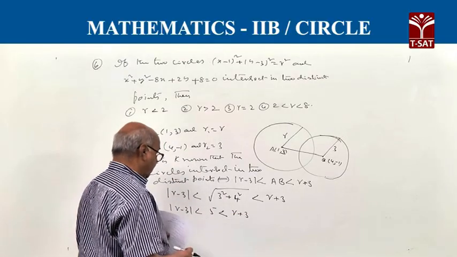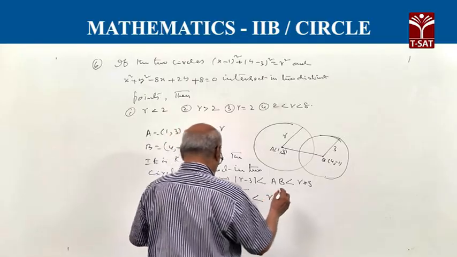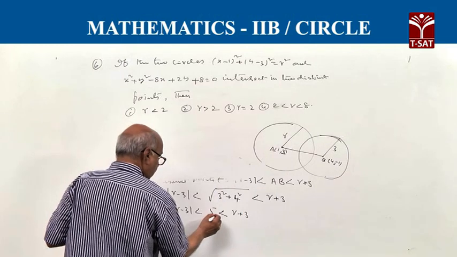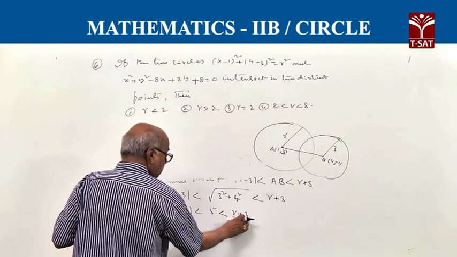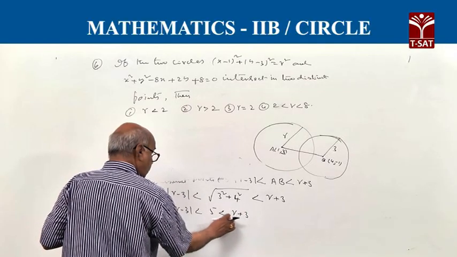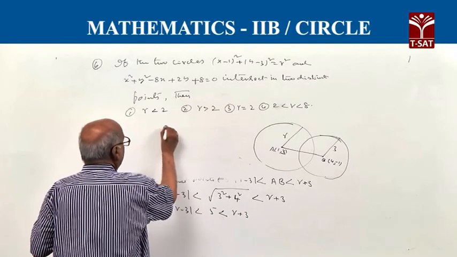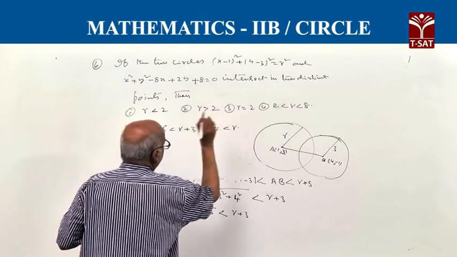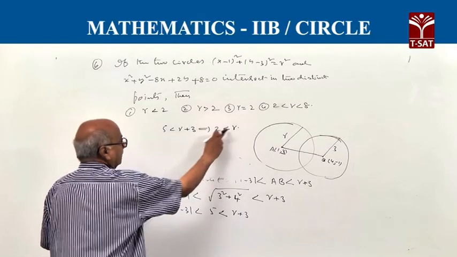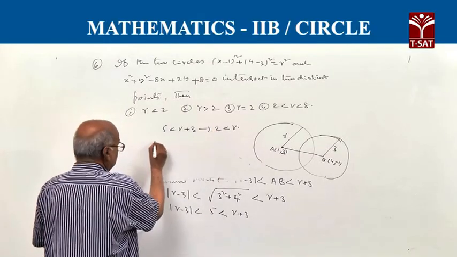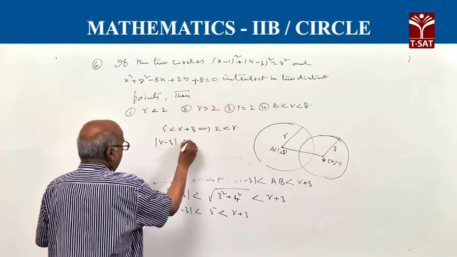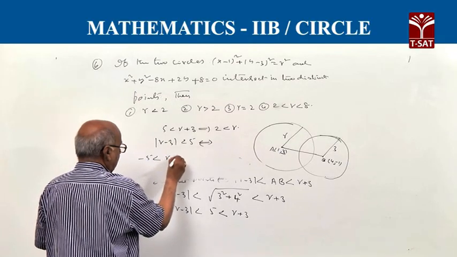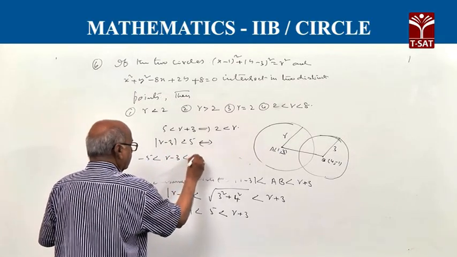So now you can see that 5 less than r plus 3 implies 2 is less than r. That means r is greater than 2. And also mod r minus 3 less than 5 if and only if minus 5 less than r minus 3 less than plus 5.